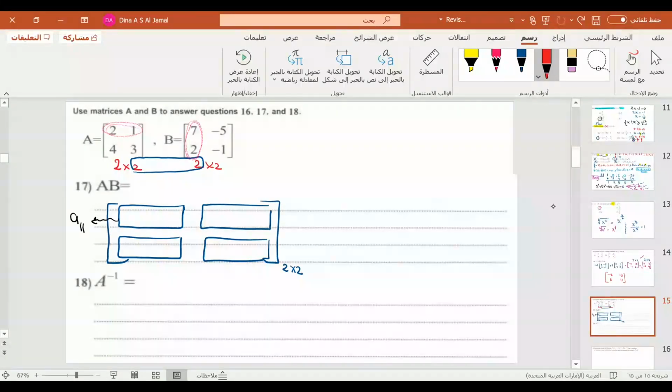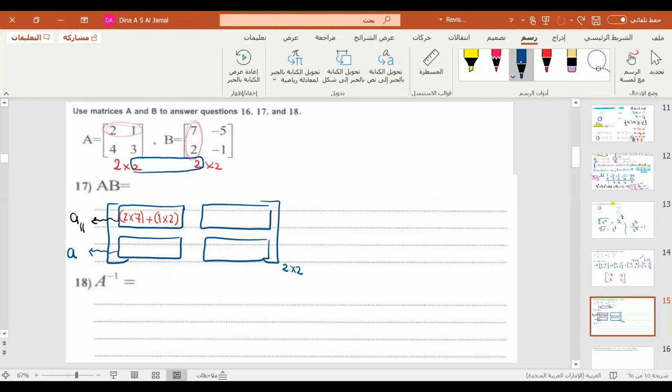So 2 multiplied by 7 plus 1 multiplied by 2.